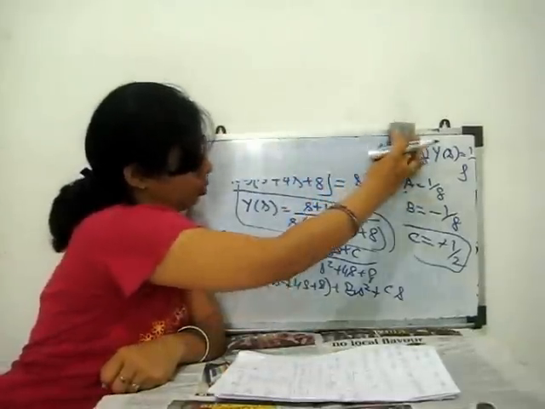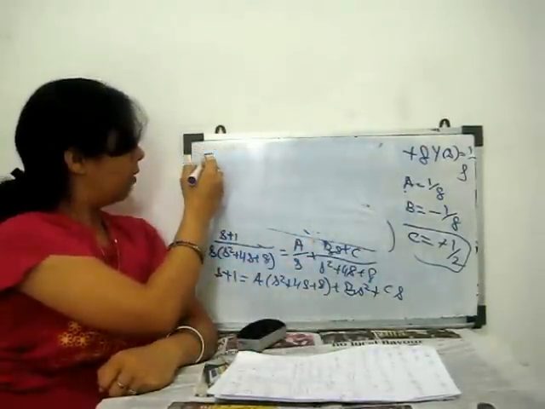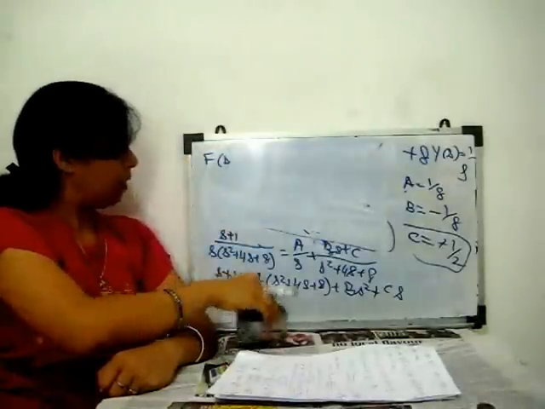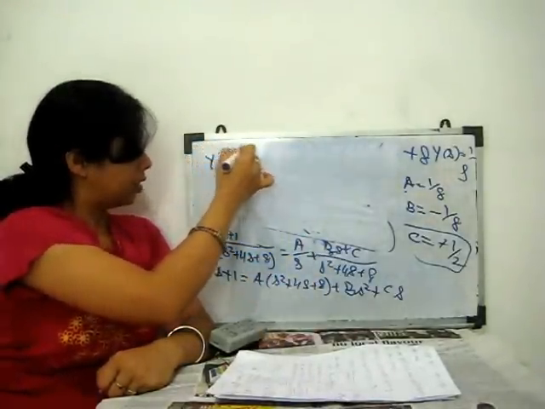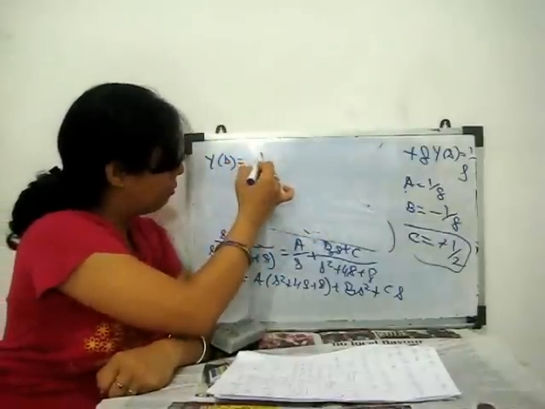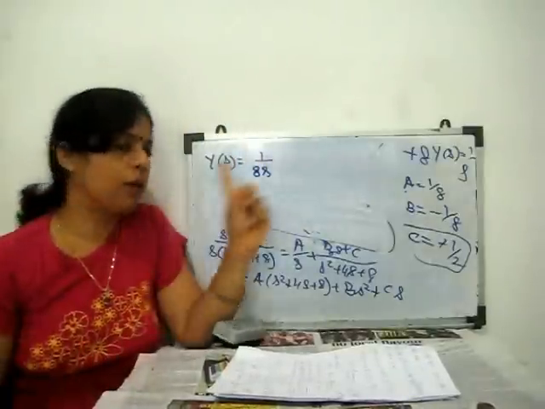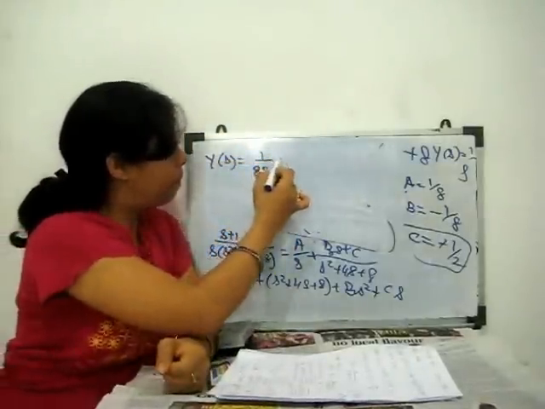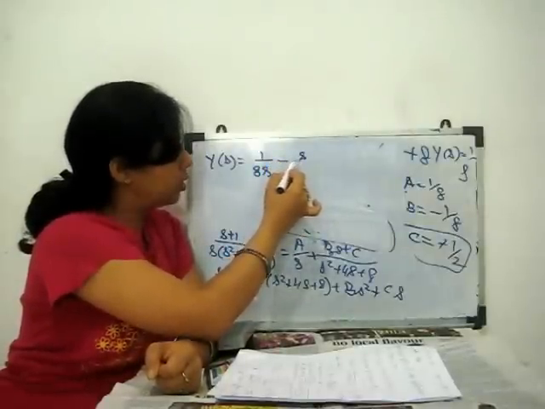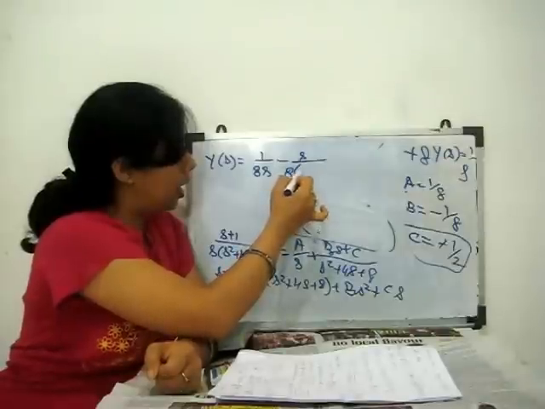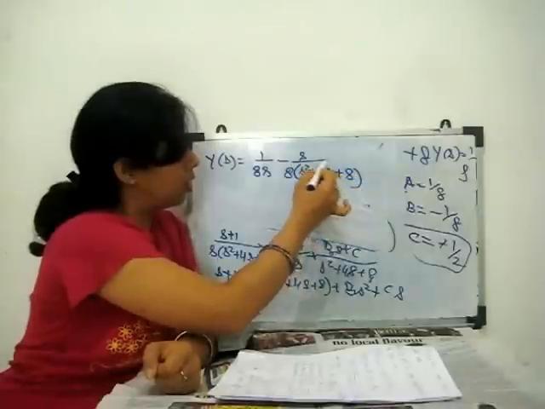So now I go for substitution. Y(s), not F(s), because here our term is Y(s), is equal to A by s, A is 1 by 8, plus B is minus 1 by 8, so s upon s square plus 4s plus 8.